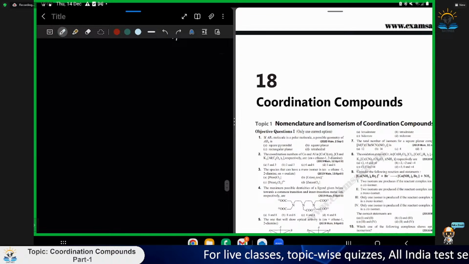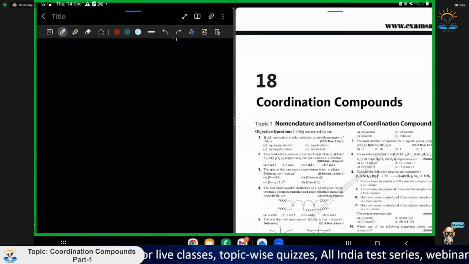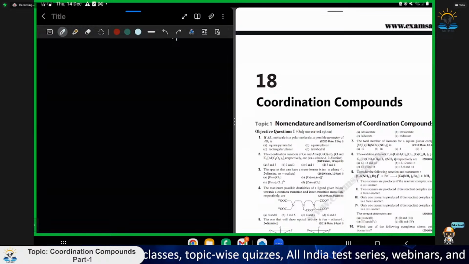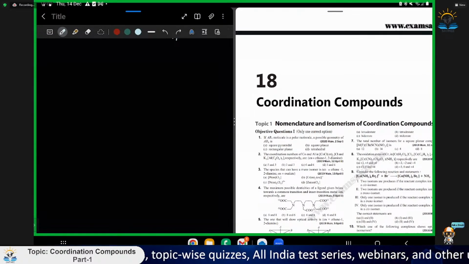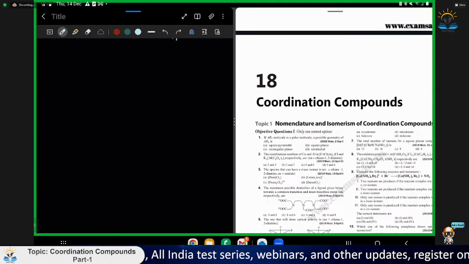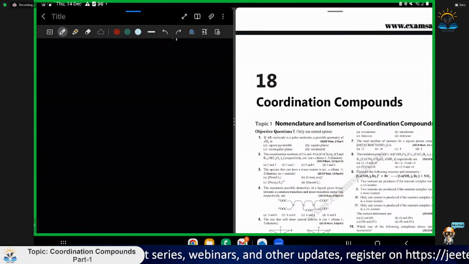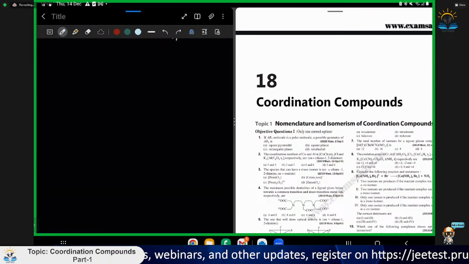The species that can have trans isomers. For a trans isomer to exist, first of all it has to be heteroleptic, of course. If heteroleptic, we can just give examples. Pt(en)Cl2 is square planar.